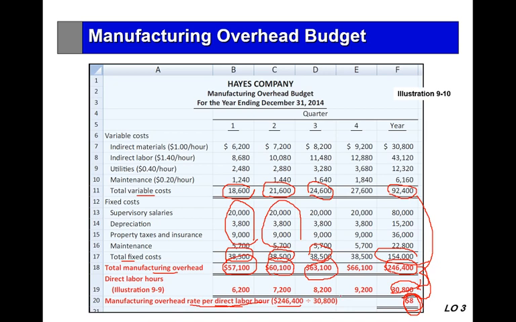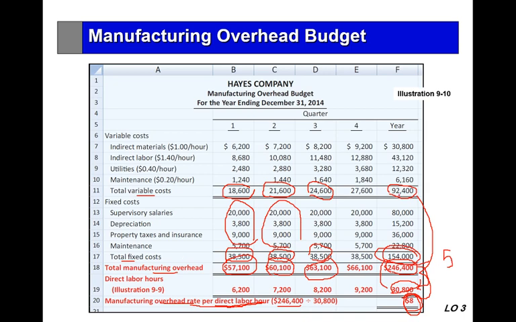Then at the bottom of this budget report, we have $246,400 divided by 30,800 hours, which gives $8 per direct labor hour as the application rate for the overhead. If you divide $154,000 by 30,800 hours, you reach $5 per hour for the fixed cost.